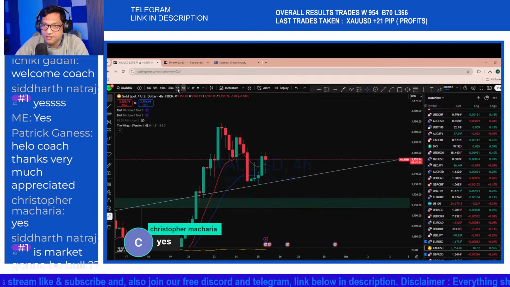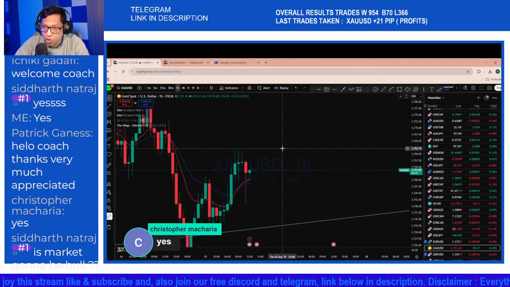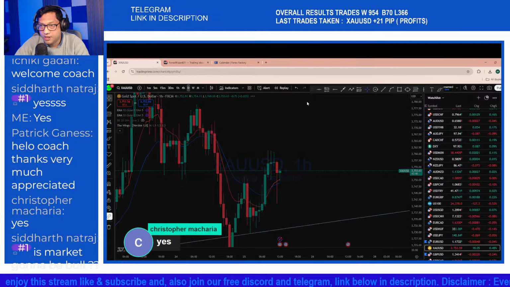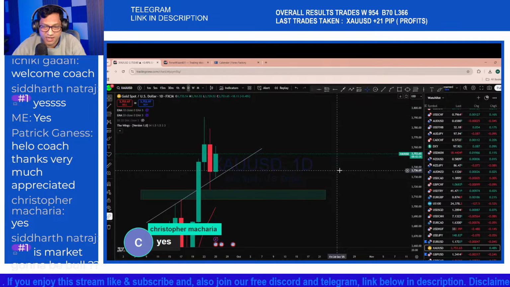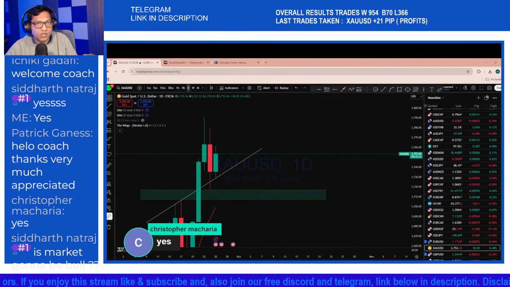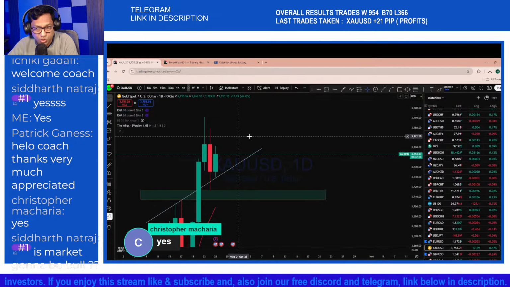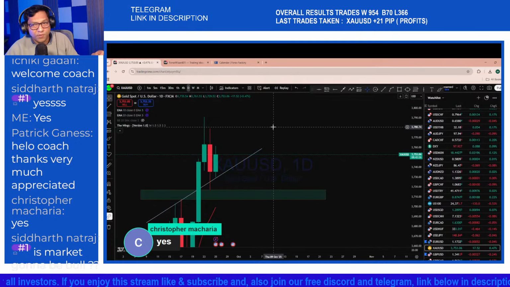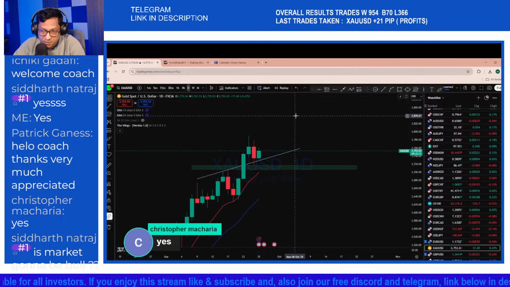But if you look at it here, you can see there is a long wick. First let's understand the daily market structure, because if we look at the overall trend on gold in the daily market, this is a long-term bull market.